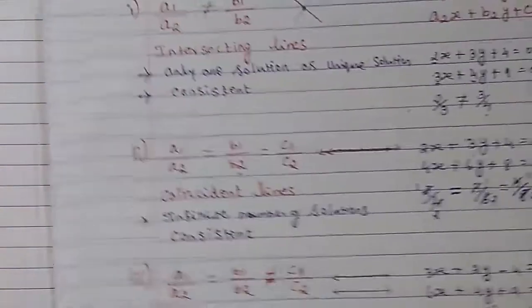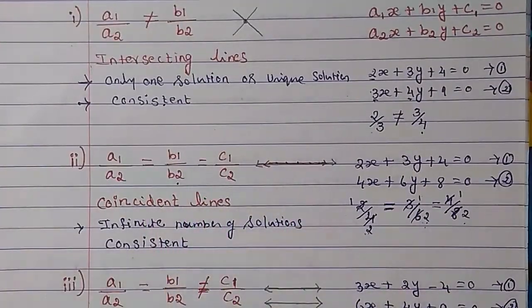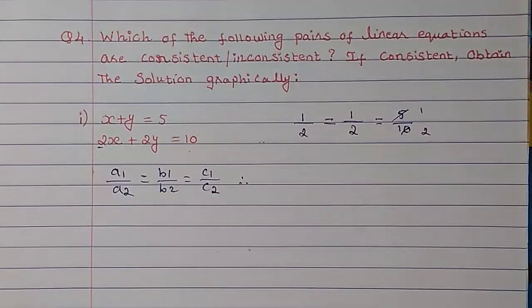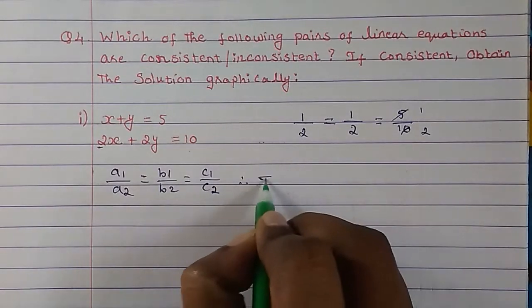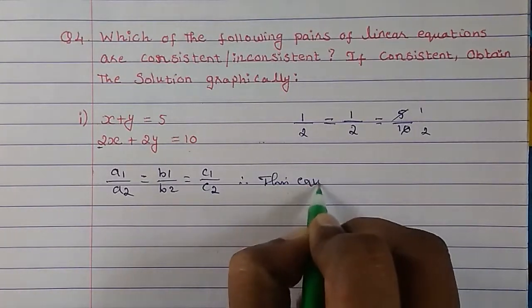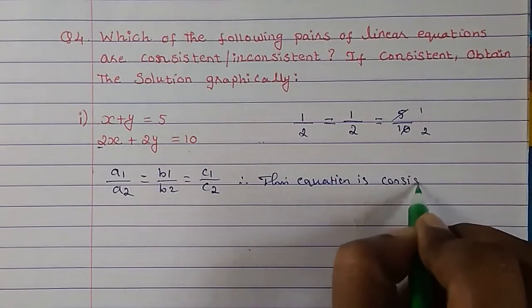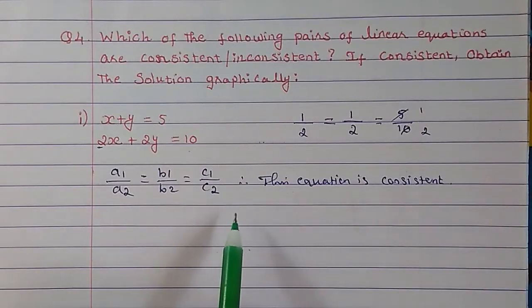So when all three are equal, a coincident line graph will be getting. Therefore this is consistent. You can write this equation is consistent. If it is consistent, then we have to plot the graph.